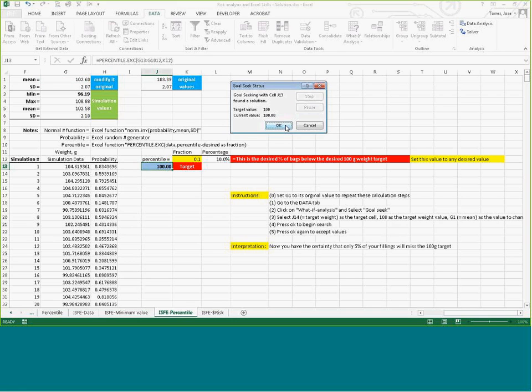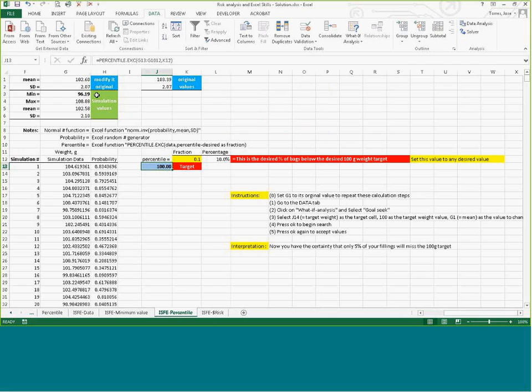Okay, so we have decreased from 113.39 to 106.6. Only 80% confidence, 90% confidence, 10% probability of failure.